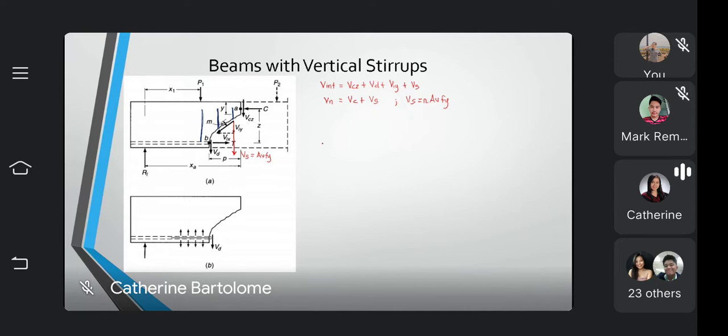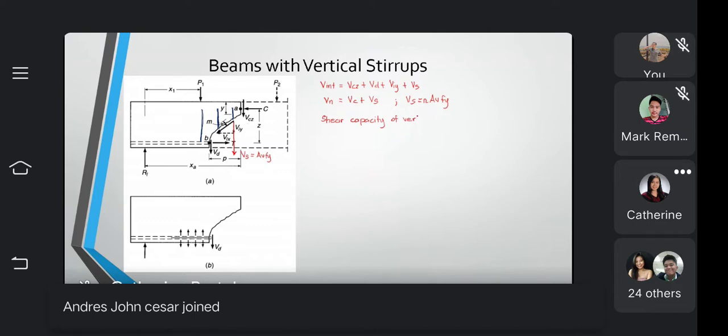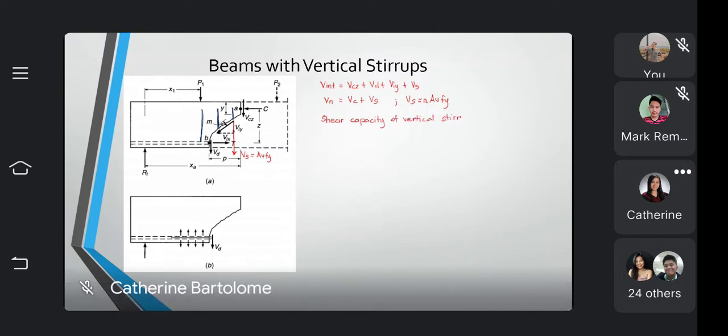So for the shear capacity of vertical stirrups, ay, vertical pala. So we know that Vs is equal to NAVFY. Okay?